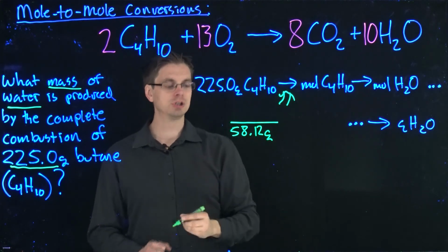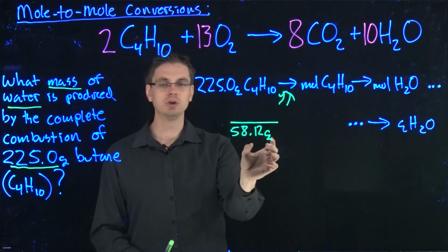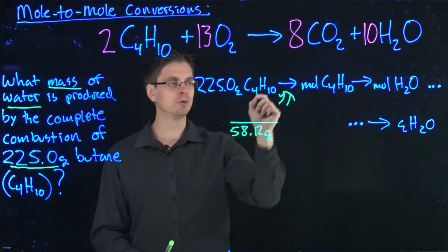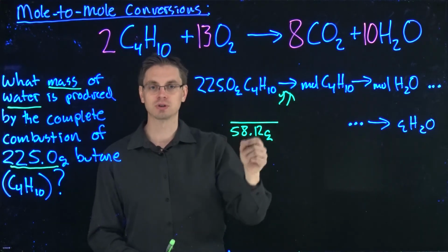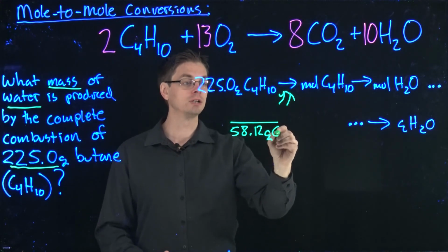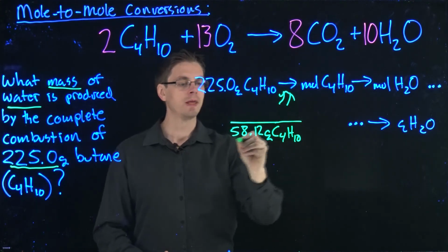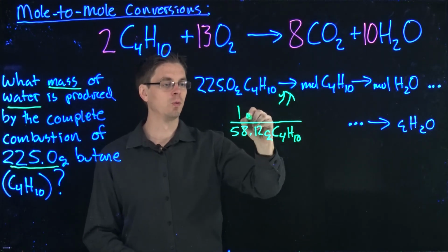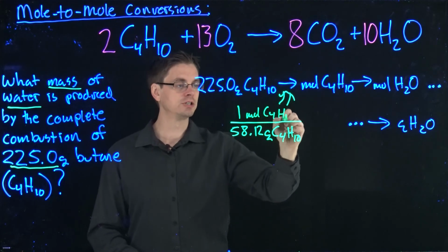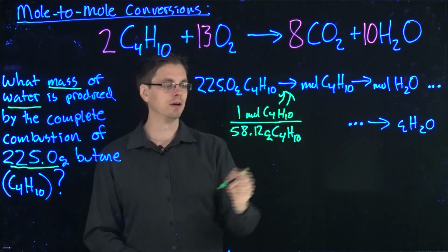And as I mentioned in the previous video, whenever we write down a certain quantity, a certain unit, I want you to tack that unit onto whatever molecular species we're talking about. In this case, we're talking about butane, so I'm going to write grams C4H10. So for every 1 mole of C4H10, that mole weighs 58.12 grams.